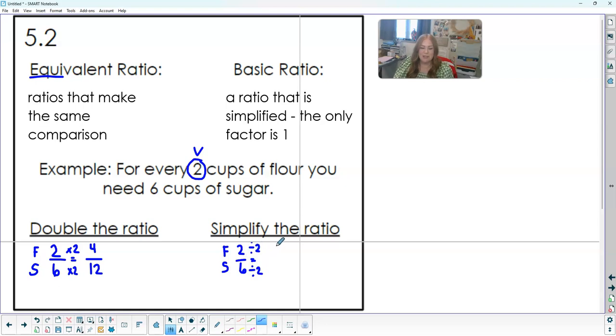So 2 divided by 2 is 1. 6 divided by 2 is 3. So when we simplify that ratio, 1 and 3 can't get any more basic. The only factor that they can be divided by is 1. So equivalent, you can multiply or divide. But this is 1/3. That's the basic simplified ratio.